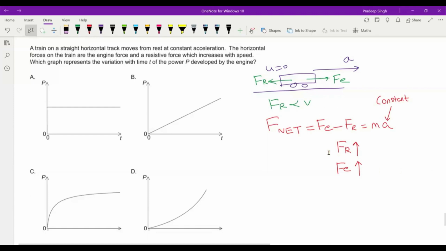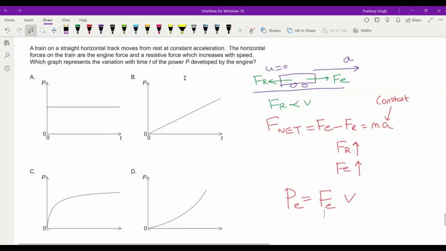Anushka, check. Okay, makes sense. Right? So if the engine force has to increase, then you use the power formula. Power of the engine is force into velocity. Yes, sir. So what will happen to power? Is it increasing or decreasing? It will increase.